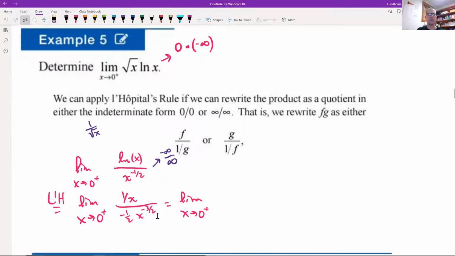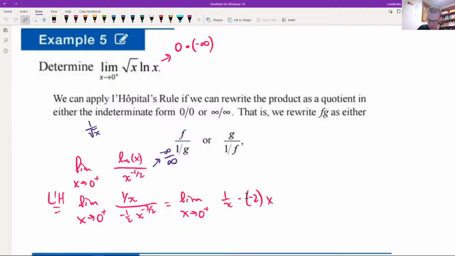What I would like to do is now take it out of this quotient form. Let's bring the denominator up into the numerator so we can express this as a product. So we've got the 1 over x times, we've got that negative 2 from the negative 1/2 on the bottom.